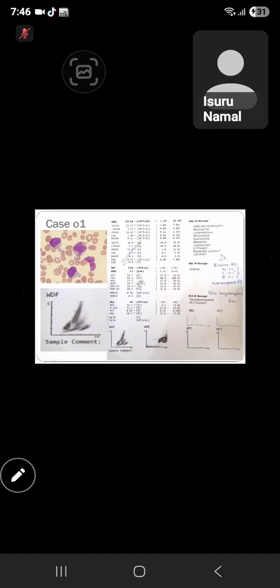This is an AML case, AML M5. This is a case from Cancer Institute.